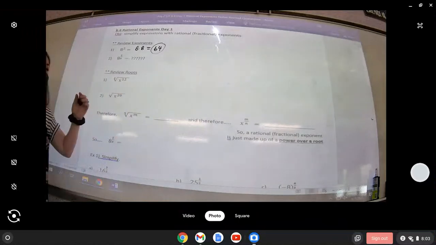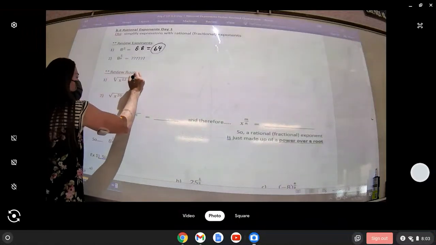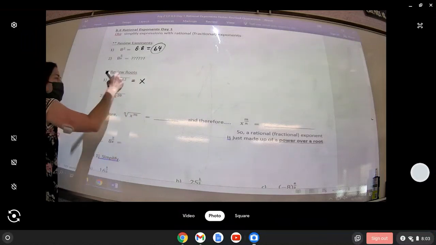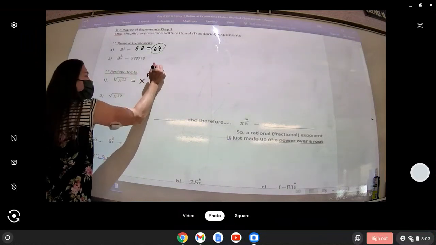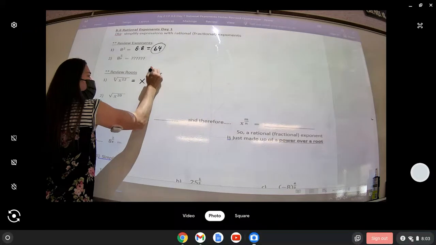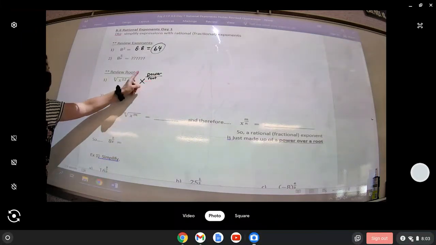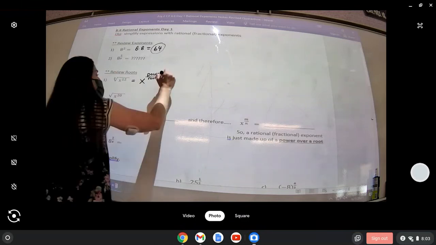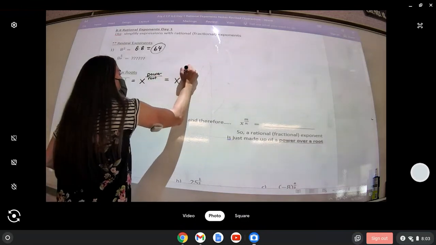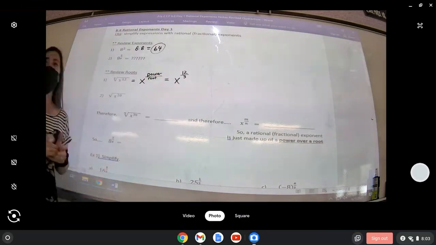The easiest way to figure that out, without having to write all the x to the 3rds out, was to take x to a power divided by a root. That's how we could find out how many groups of 3 you could make from 12. So this became x to the 12 divided by 3.